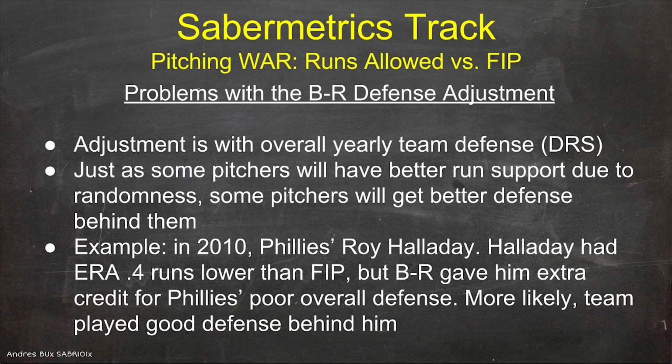But one of them could have been a lucky defense or just some random good fortune. So the Baseball Reference defense adjustment isn't perfect either. And FIP isn't perfect either because it doesn't measure all the pitching skill. So there's advantages and disadvantages to both systems.